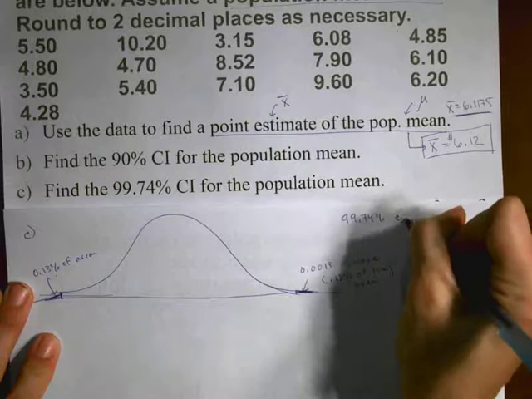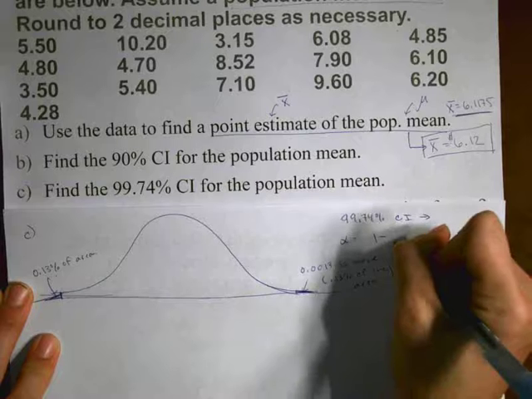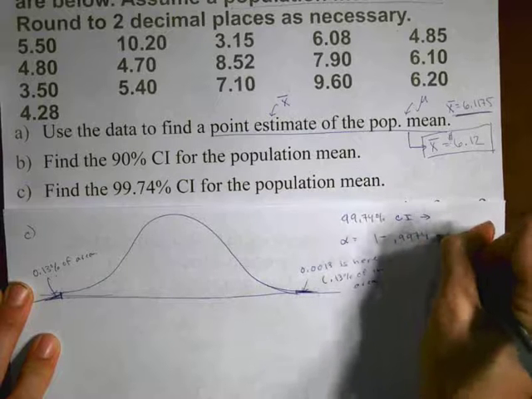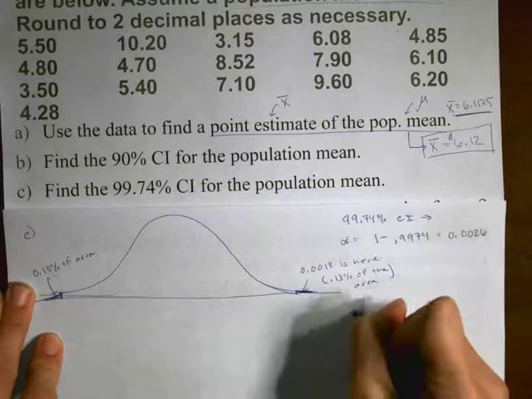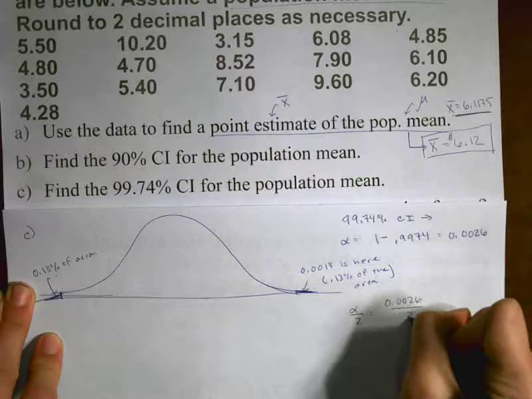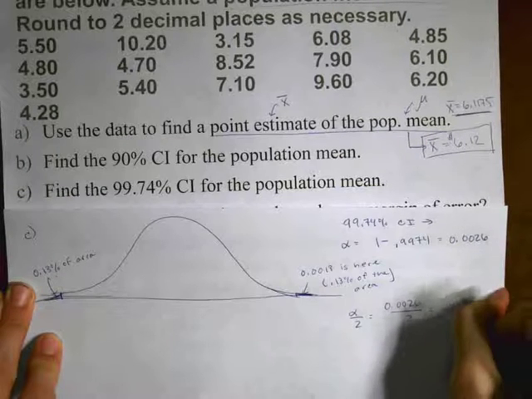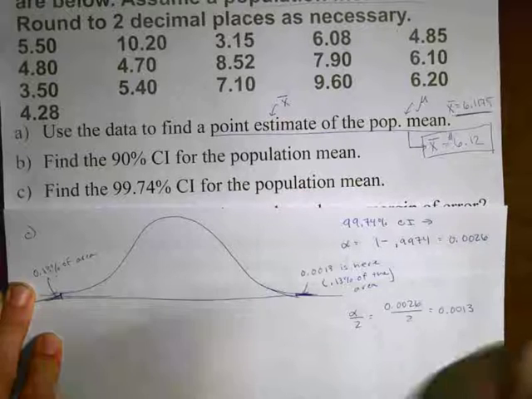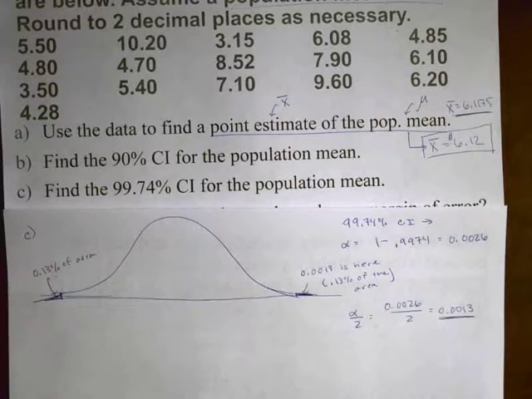And so we are going to go to the z table and look for, so let me write this, 99.74% confidence interval means that alpha is 1 minus 0.9974, which is 0.0026, which means that alpha divided by 2 is 0.0026 divided by 2, which is 0.0013.